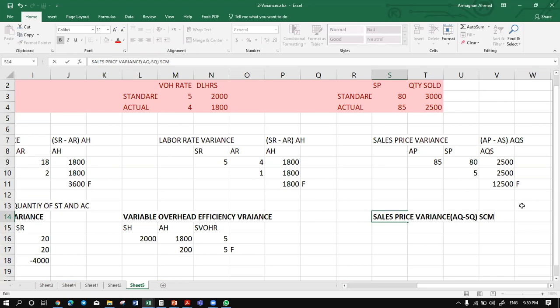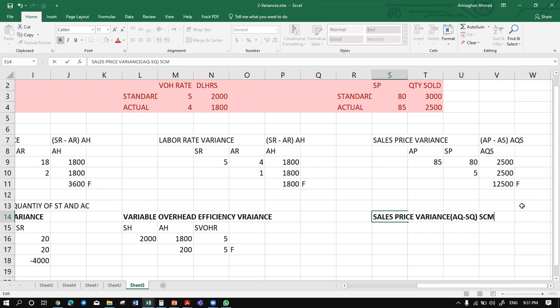If they say you are using variable costing, here it will be the standard contribution margin. Standard margin means standard profit: sales price minus material, labor, variable overhead, and fixed cost. But contribution margin means sales minus variable cost only.